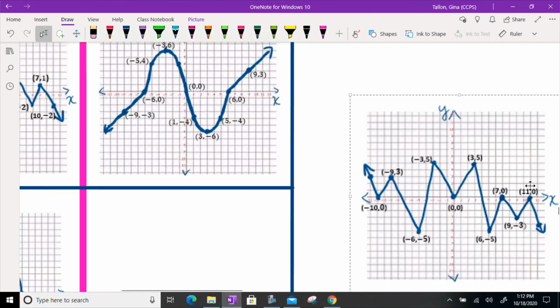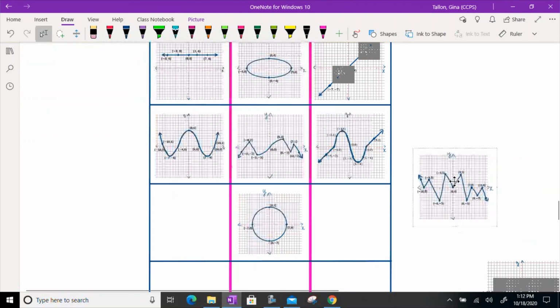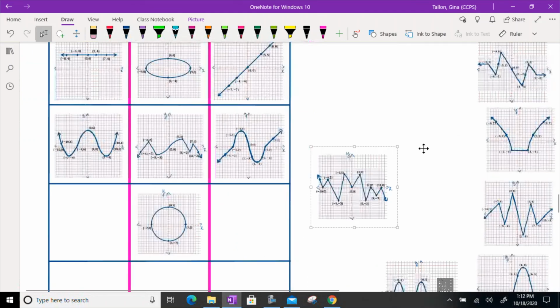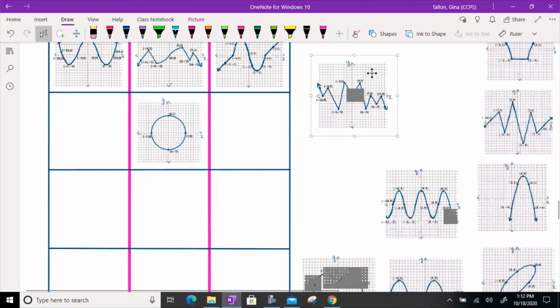And this is 11, 0. No, these don't match right here. Kind of looked like it was going to match, didn't it? But it doesn't. No way. Okay, so this is a no on this category. As far as being odd or even, this is a neither category. So I'm going to have to find some room, grab it, and put it down here in my neither category.